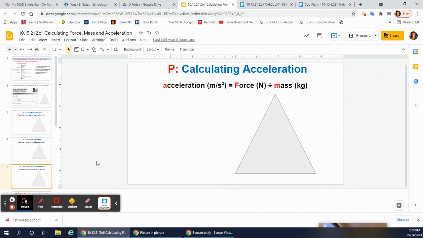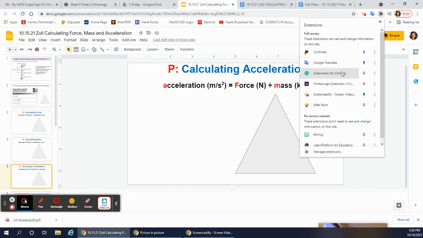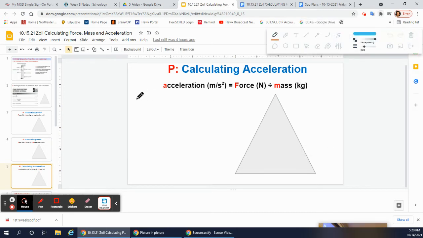Okay, and then lastly, we are going to complete that last triangle. Again, this is our original formula: net force equals mass times acceleration. But here I want to calculate acceleration, so I need a formula. My formula triangle is going to give me that formula for acceleration.